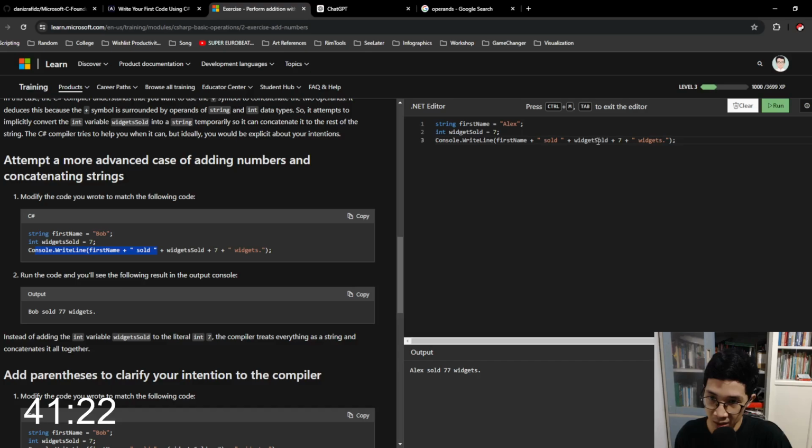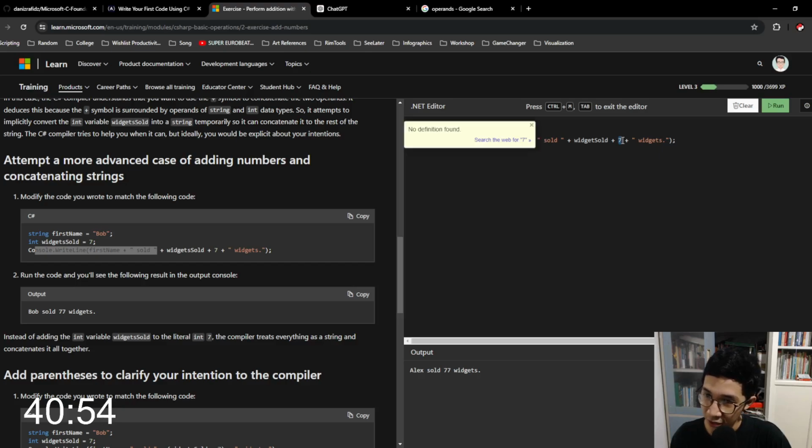Yes, it does work in this part. Widget sold plus 7, widget sold is 7, 7 plus 7 is equal... I think the calculation is still not working. It's just concatenating between widget sold as a string and 7, which is actually a literal integer, but it was converted automatically to a literal string, I think.